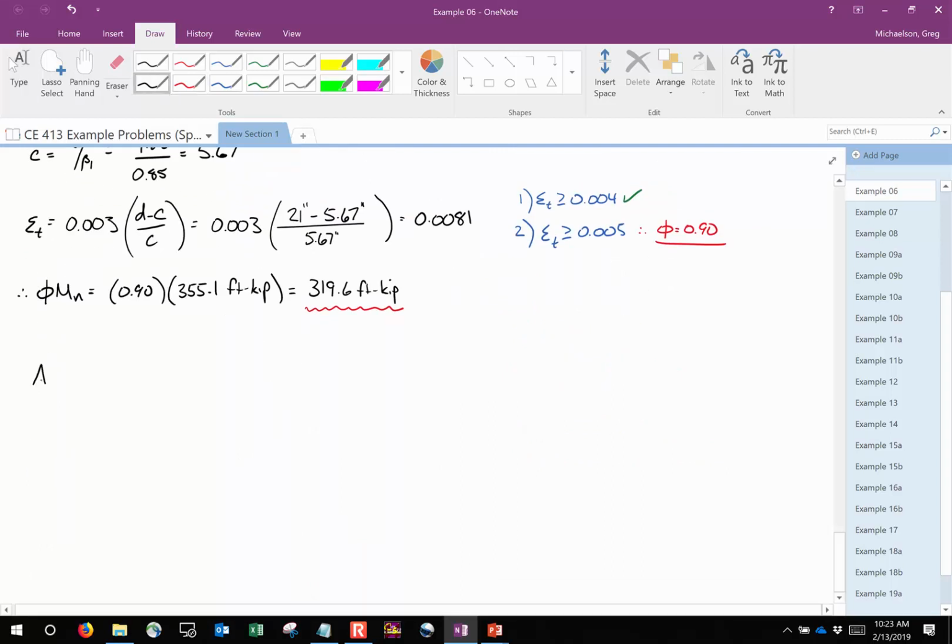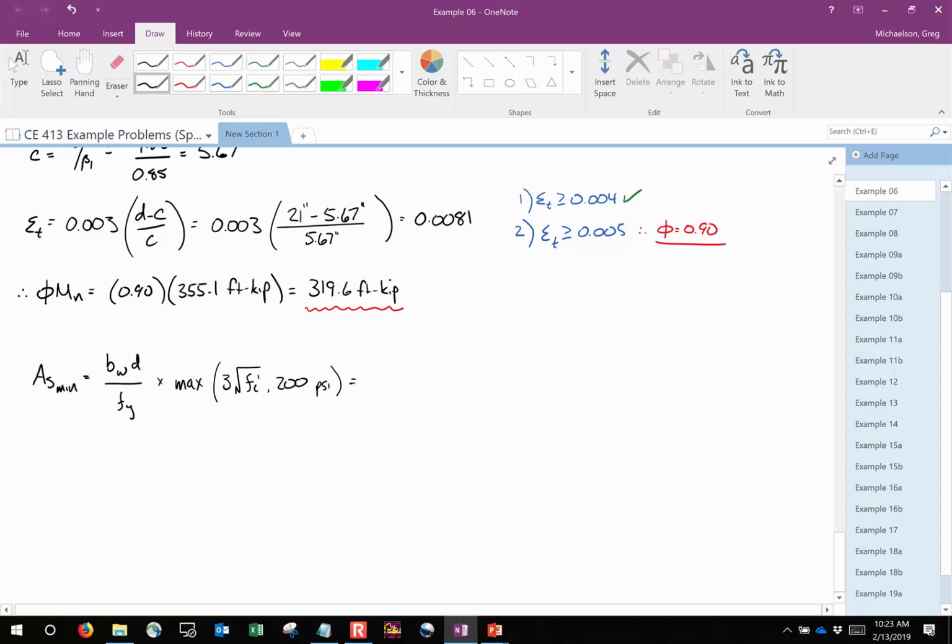So As min is bw d over fy times the maximum of 3 square root of fc prime, or 200 psi, right?